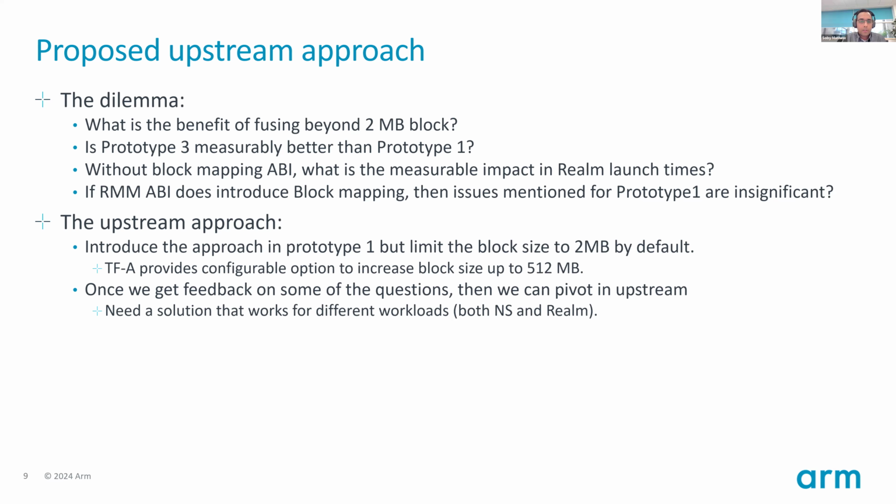Once we get feedback on some of the questions I posed earlier, then we can change the implementation in upstream. And we would need a solution that works for different workloads, both in the non-secure world and the realm world. So this is the current approach that we are taking for upstream.